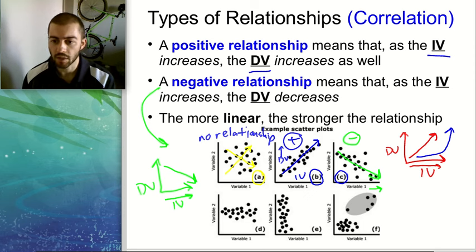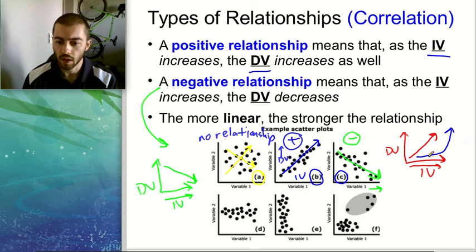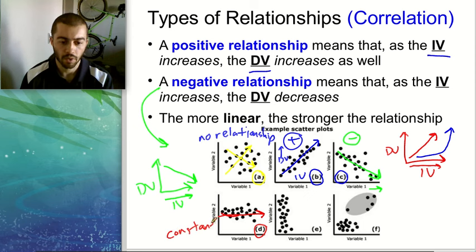If we look at example D down here, we can see this one actually has a kind of flat line going across. So this would be called a constant relationship. Because it's staying constant, it's not increasing or decreasing, it's staying the same, right? That's what constant means.